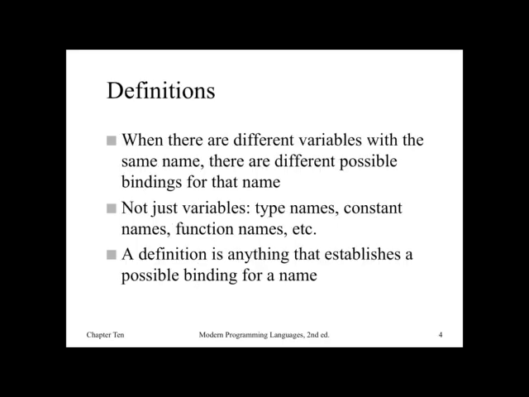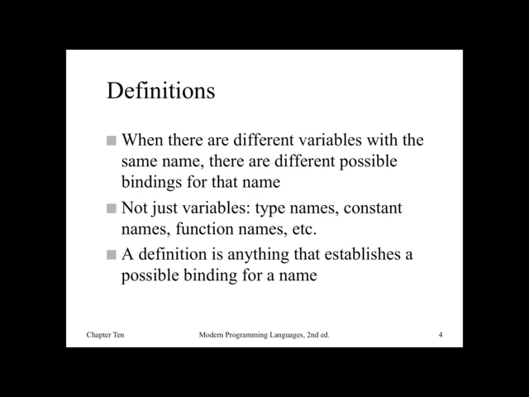Okay, so definitions, what are we talking about? Again, when we've got different variables with the same name, the way the author approaches this is to look at it as different possible bindings, okay?